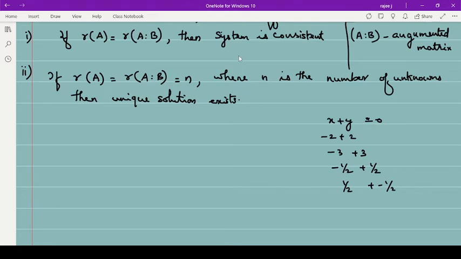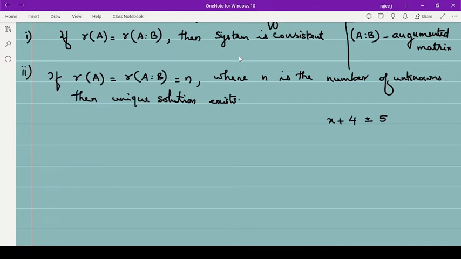This is not unique. Unique means there will be only one value. Suppose I write x plus 4 equal to 5. Then x is equal to only one possibility, x equal to 1. This is a unique value.